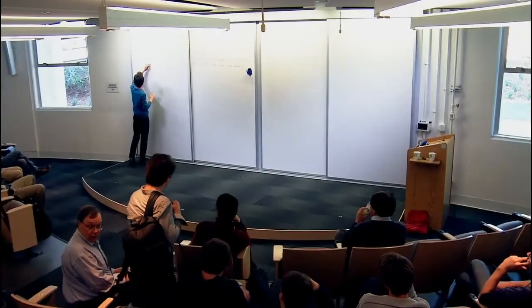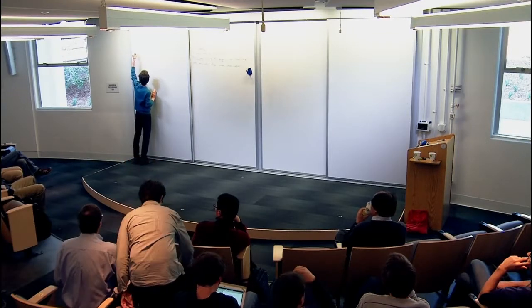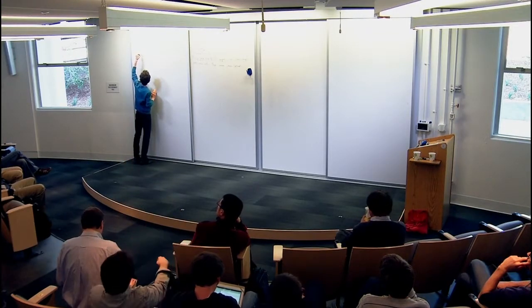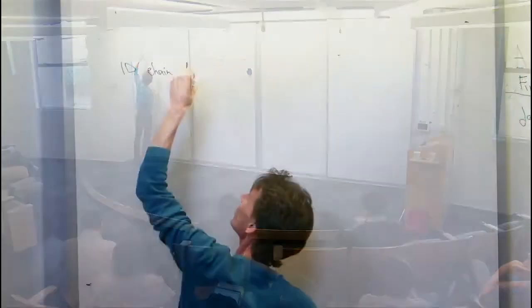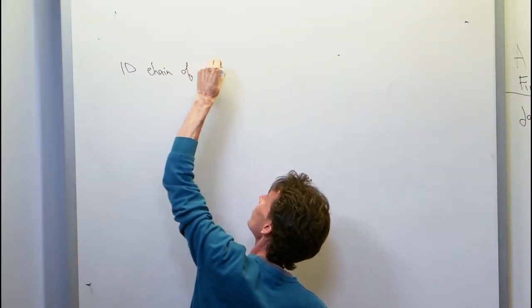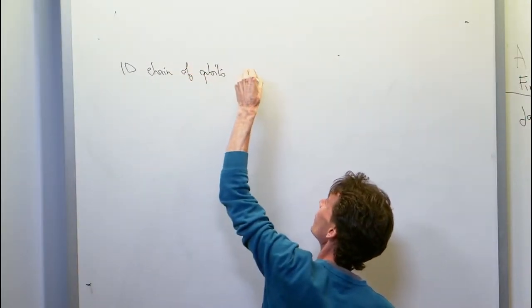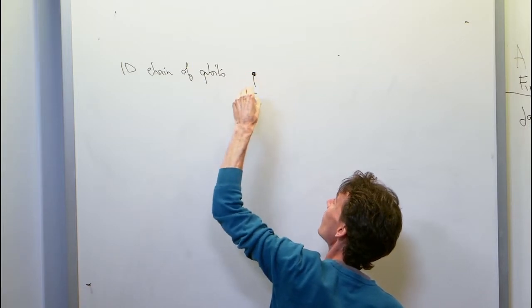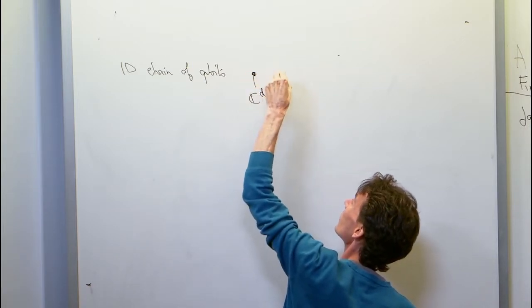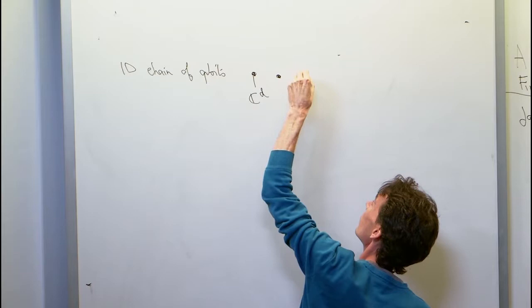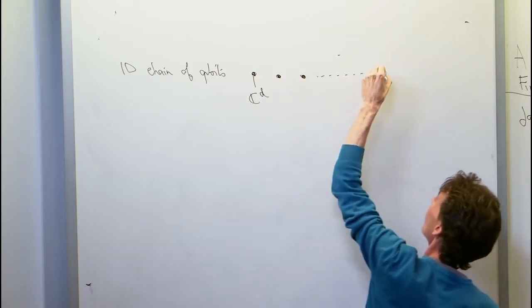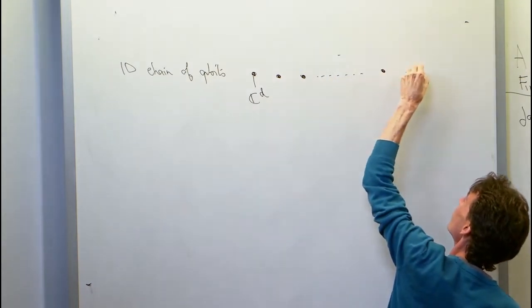Let me just very briefly set things up. So we're going to be talking about a 1D chain of qubits. Each qubit is going to be a d-dimensional system, and I have n of them.